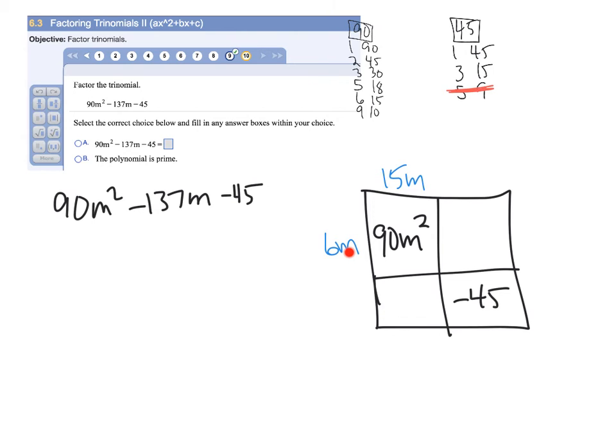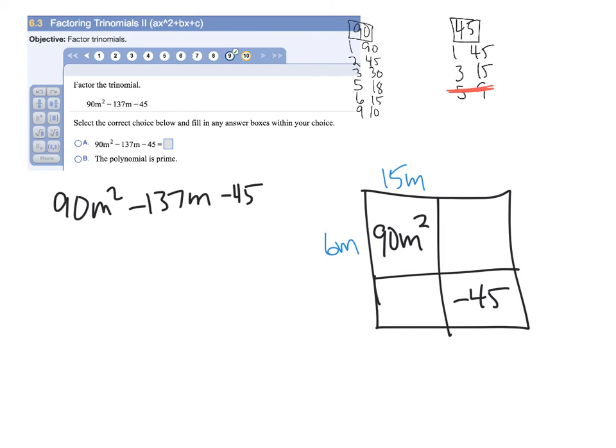But let's see. Let's try 15 and 3. That just doesn't feel right. I don't feel like that's going to work. So I'm just going to keep guessing and guessing until I finally get my answer, right? Because really there are 6 choices here and 3 choices here. That's 18 choices that I'm going to have to keep guessing until I get it.